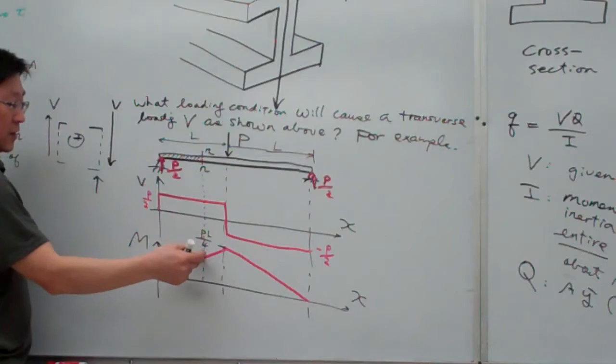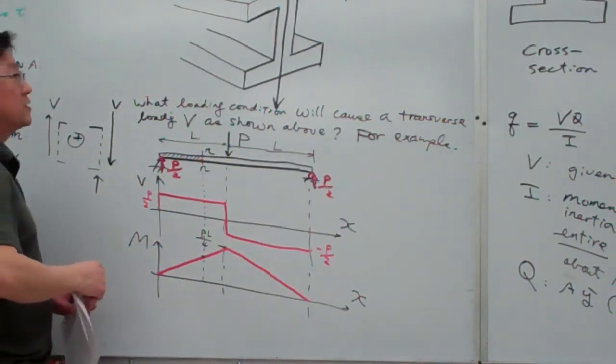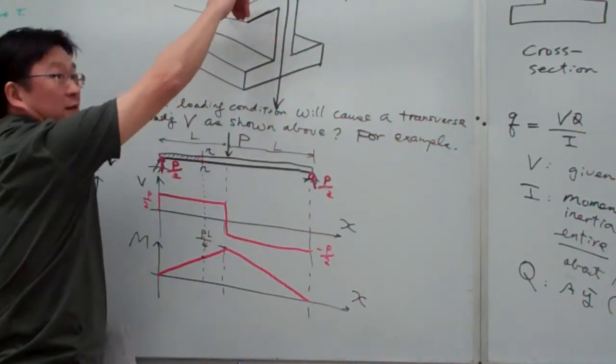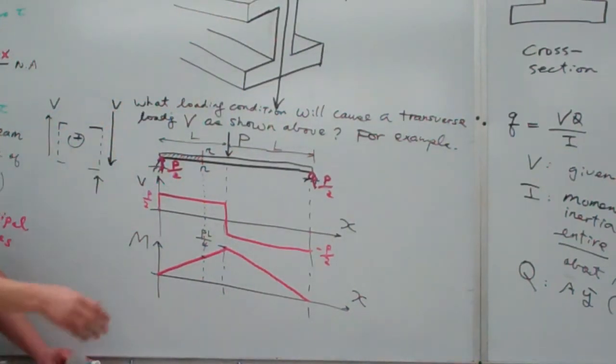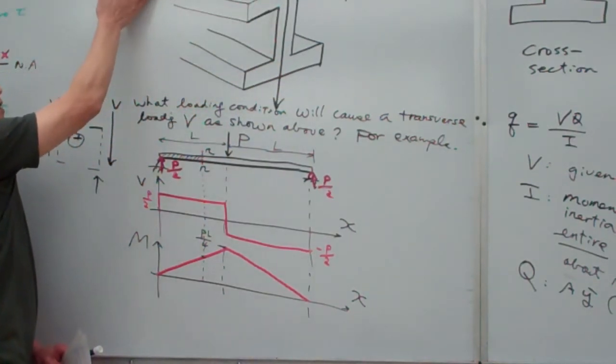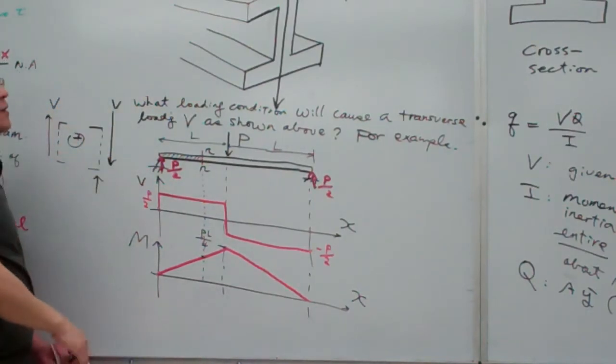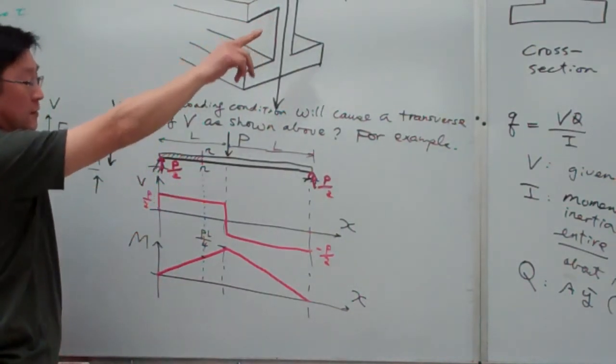At this end, the bending is not big. So the bending for this situation is bending like this. That means the bending stress on this side is larger than the bending stress at the other side. Agree? Okay, now we're back to our problem.